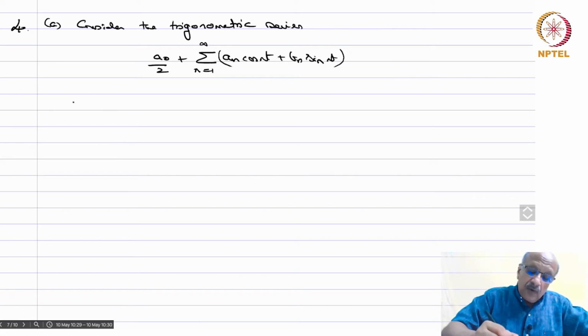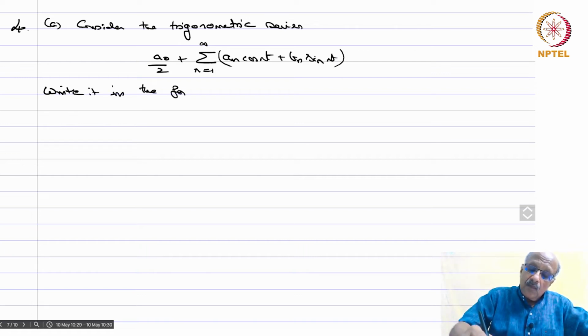Okay, so write it in the form a0/2 plus sigma n equals 1 to infinity dn cos(nt minus phi n).